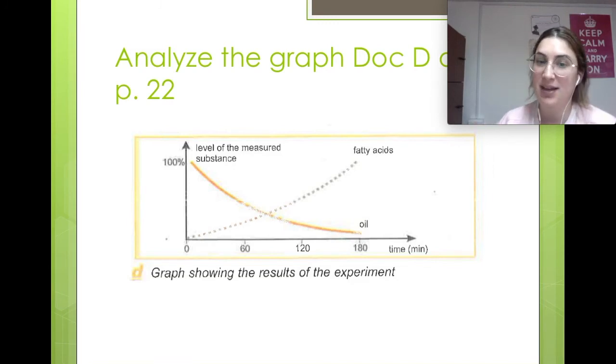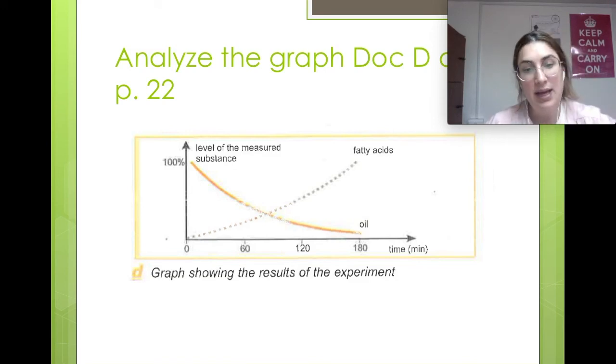And remember, what's the dependent variable over here and what's the independent variable? What is happening over here? What is changing with respect to what? So you have on the y-axis the level of measured substance. Why did we write the level of measured substance?